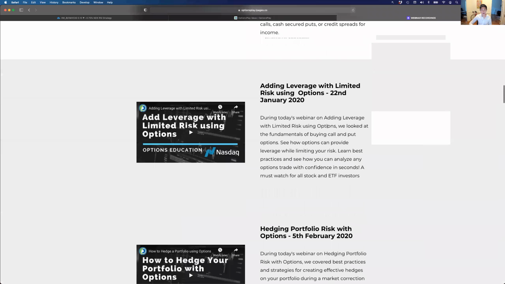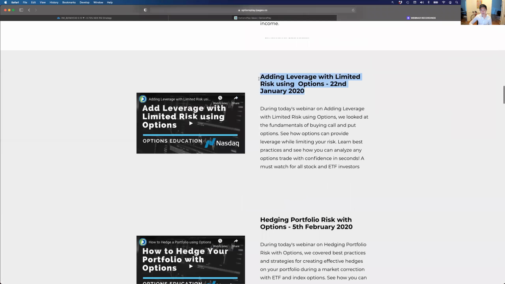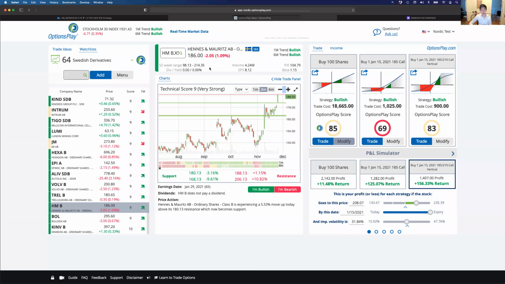We also talk about adding leverage with limited risk on January 22nd. That's a good one for looking at adding leverage and utilizing options to play these directional plays. So yeah, there's plenty of ways. So I highly recommend you to watch the recording for that.